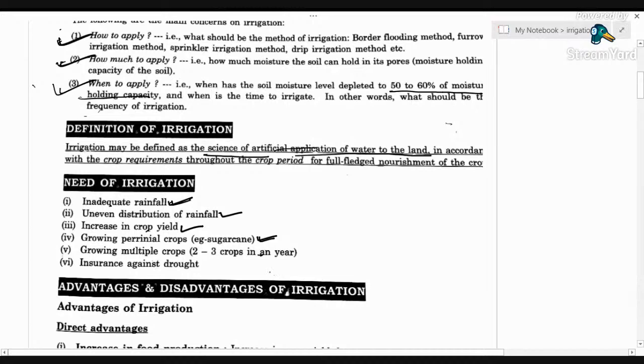Fifth requirement is going for the multiple crops. Okay. If you are going for multiple crops like mixed cropping in a particular season, if you are growing more than one crop in a particular field, for that reason also we require artificial application of the water.